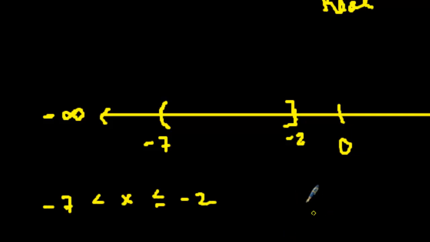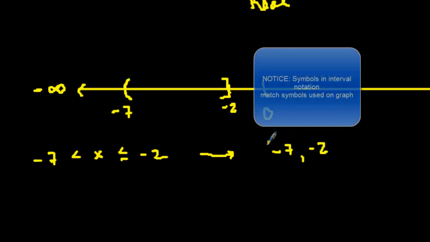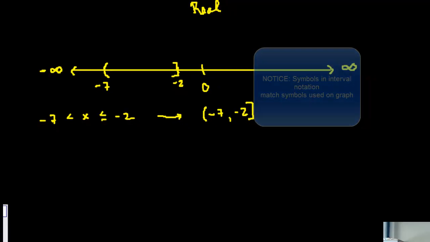Then we can put that in interval notation, where we're going from -7 up to -2. -7 is not included, -2 is included. So this would be the interval notation replacing the inequality.